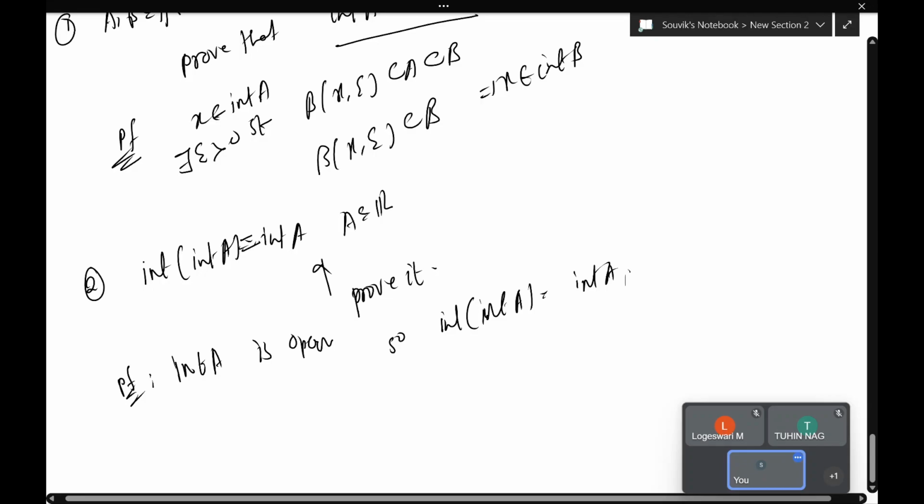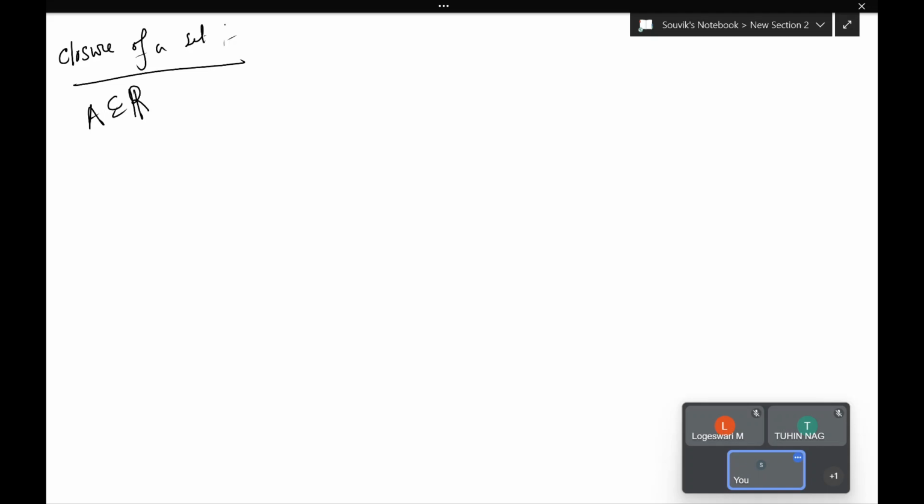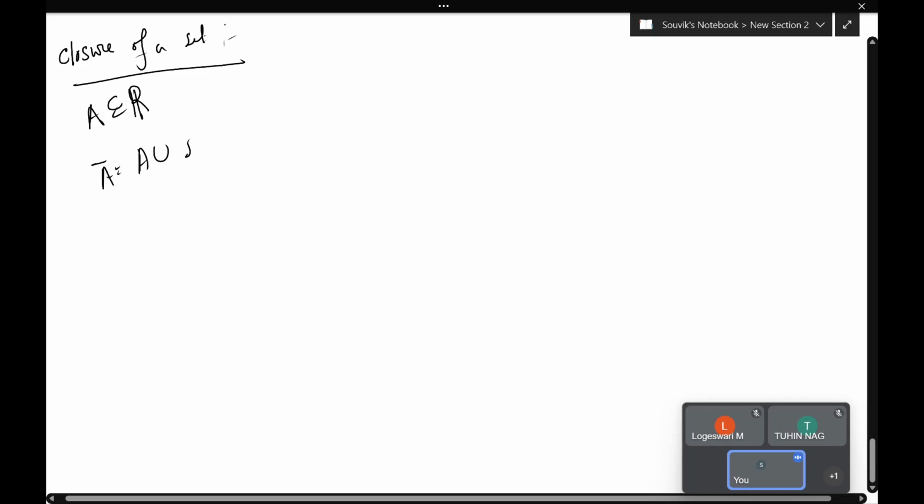Then there is some notion known as the closure of a set. Suppose A is a subset of R. By closure, we mean A union the set of all limit points.